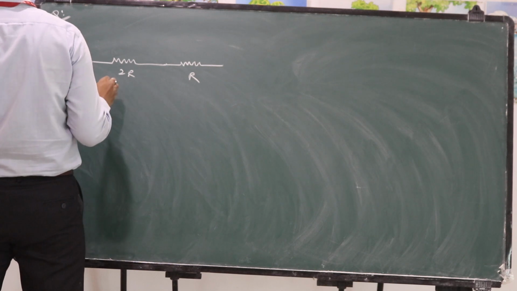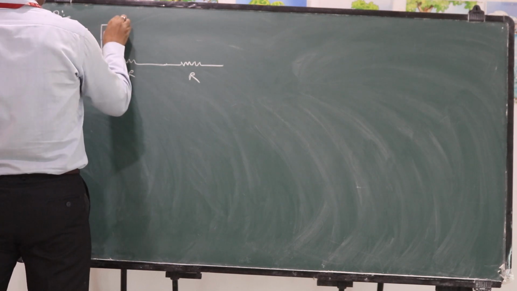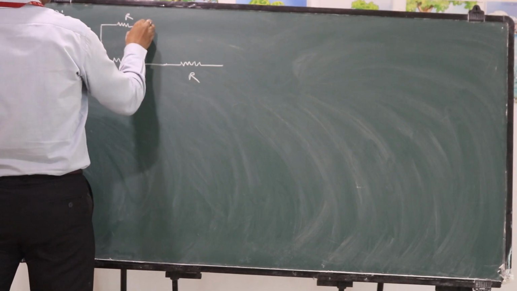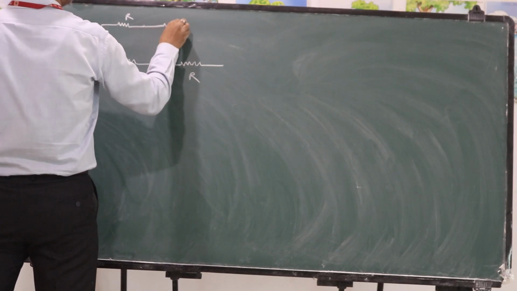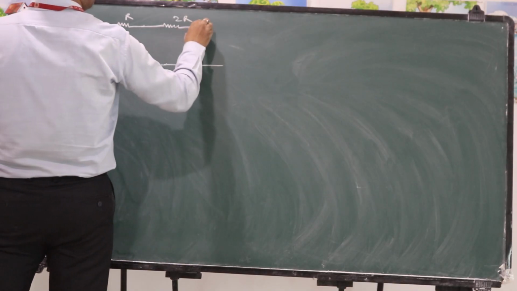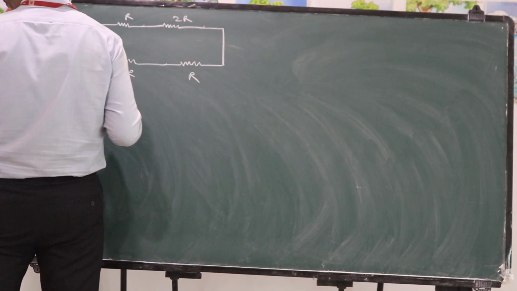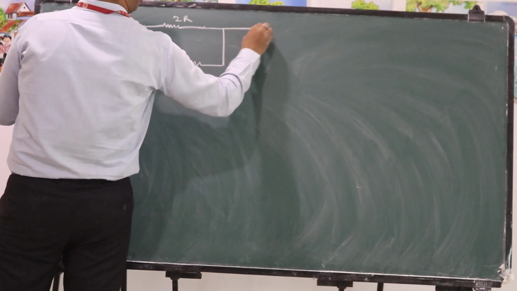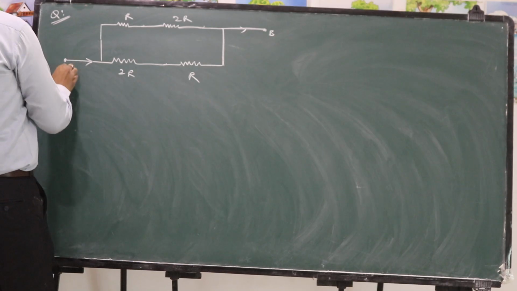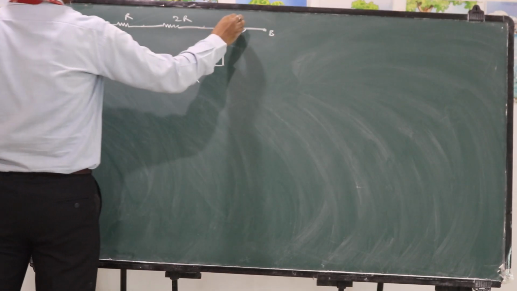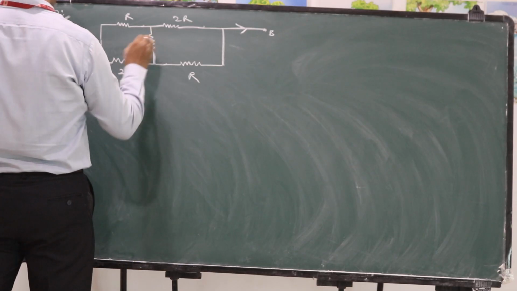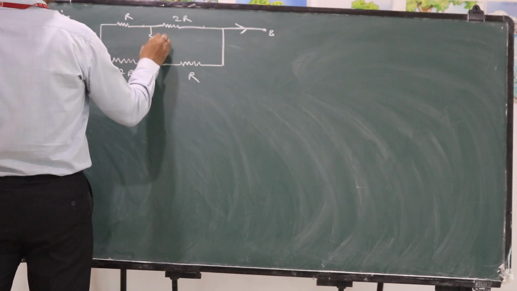Here, one more resistor of resistance R is available like this. It is in connection to a resistance 2R like this, and both are joined with each other, and current is leaving towards B. Current is starting from A and leaving to B. Here one more resistor of resistance R is available.